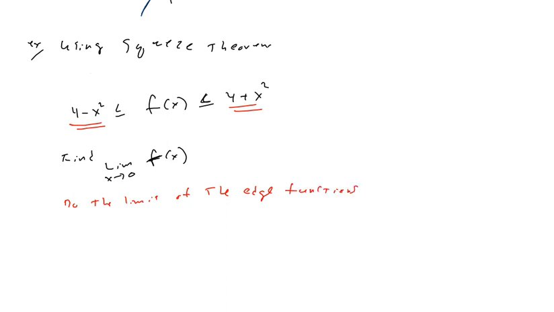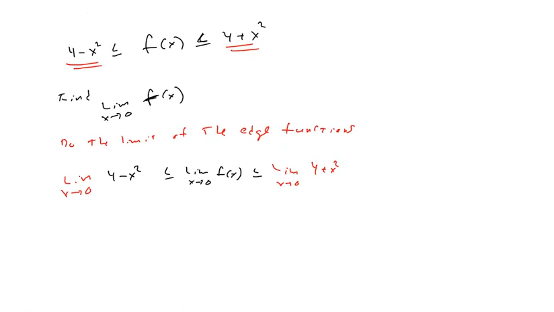So I'm going to do the limit as x approaches 0 of 4 minus x squared, which is less than or equal to the limit as x approaches 0 of f of x, which is less than or equal to the limit as x approaches 0 of 4 plus x squared.